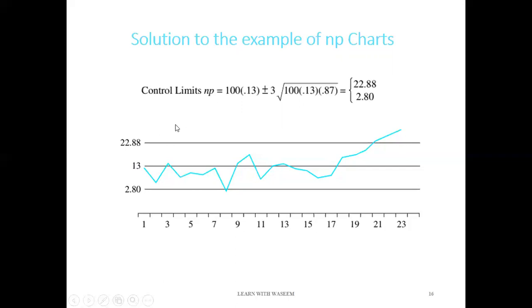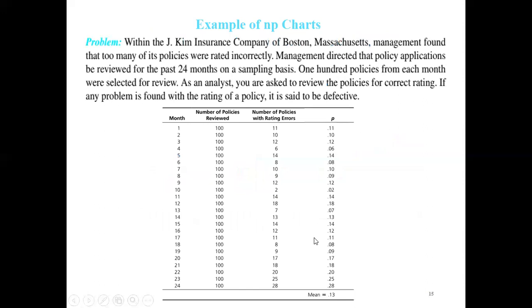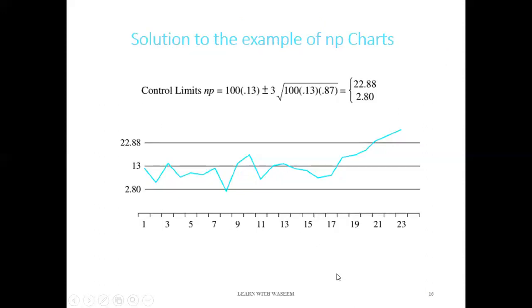As you can see in the previous slide, the value of P bar was 0.13 and the value of N is 100, so 100 into 0.13 is 13. So 13 is the central line, which is NP bar, the upper control limit for NP is 22.88, and the lower control limit is 2.80. This is the NP chart for this particular example.